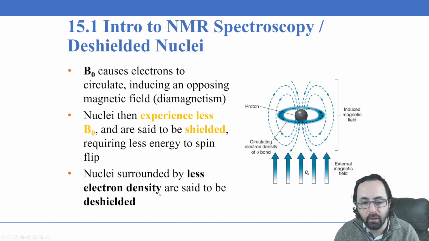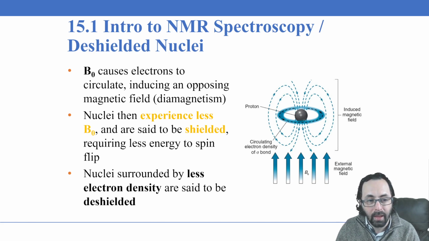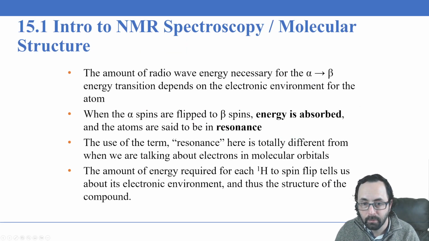So nuclei that are surrounded by less electron density are said to be de-shielded. And so they will experience a greater magnetic field, and thus they will require a higher energy of radio frequency waves to flip the spin state. So the amount of radio wave energy necessary for the alpha to beta energy transition depends on the electronic environment.